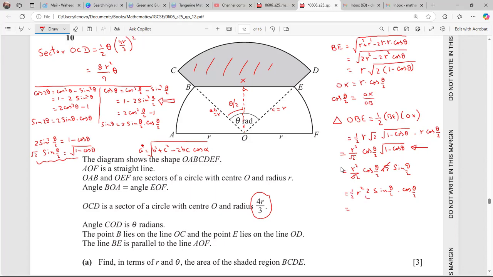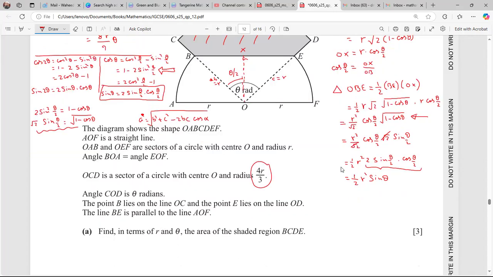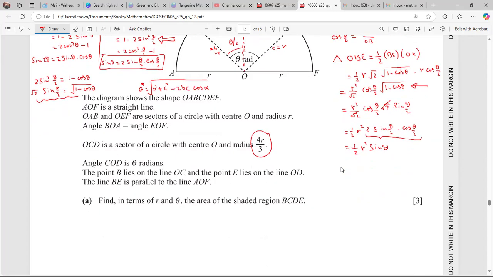And you see this part, 2 sine theta by 2 into cos theta by 2, was equal to sine theta. So I can replace all of this by sine theta. So it's 1 by 2 R square into sine theta. Interesting. So this is the area of the triangle OBE. Now we have everything, and I can find the shaded area.